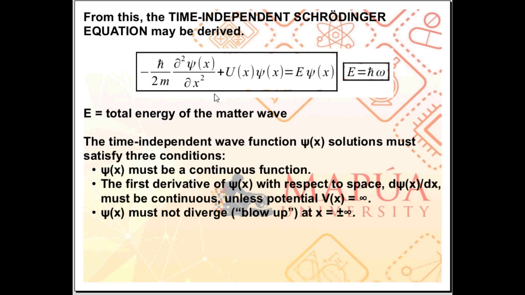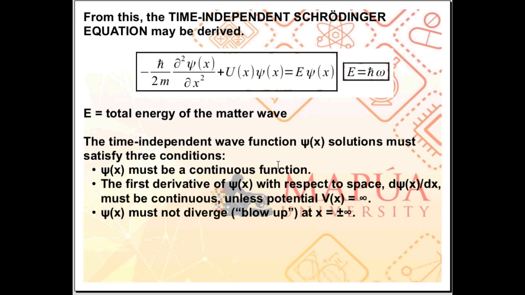The time-independent Schrodinger equation. So if the energy and momentum does not depend on time, we can use the time-independent Schrodinger equation. The solutions to the wave function small psi must satisfy three conditions.